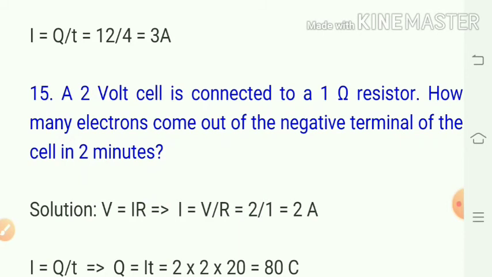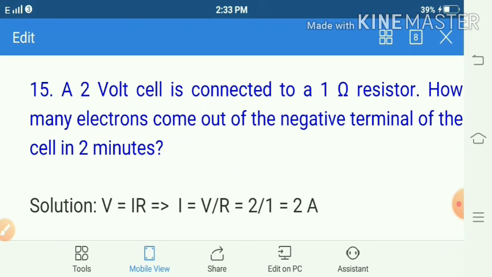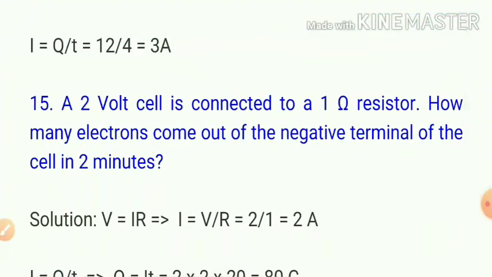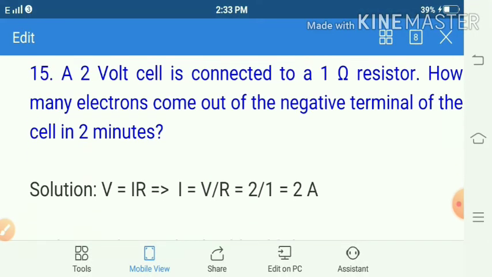Now we will take the next example. A 2-volt cell is connected to a 1 ohm resistor. How many electrons come out of the negative terminal of the cell in 2 minutes?